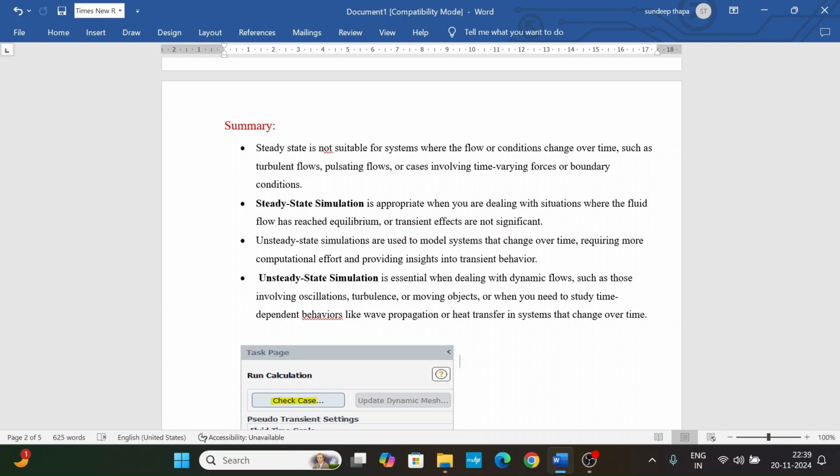Take the case of a drone propeller rotating at 1600 rpm, and you want to see how the thrust is generated from the initial condition at 0 seconds to after 12 seconds. What thrust is generated in between, how the thrust value is changing. If you want to study that, you go for transient state.